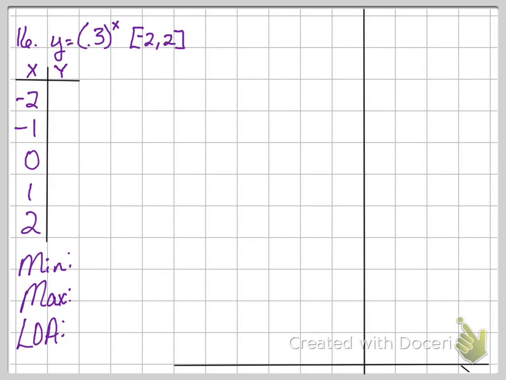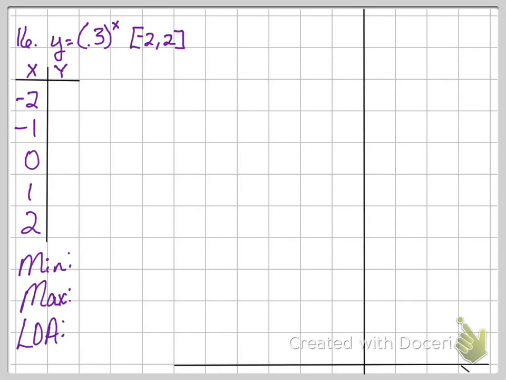Alrighty. Let's look at number 16. Number 16 says graph each function, then identify any asymptotes and the minimum and maximum value on the given interval. So number 16 says y is equal to 0.3 to the x with an interval of -2 to 2.